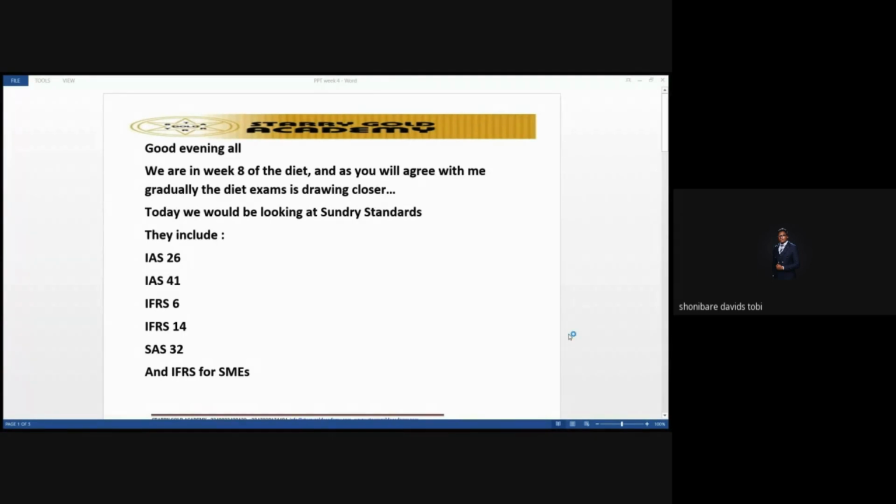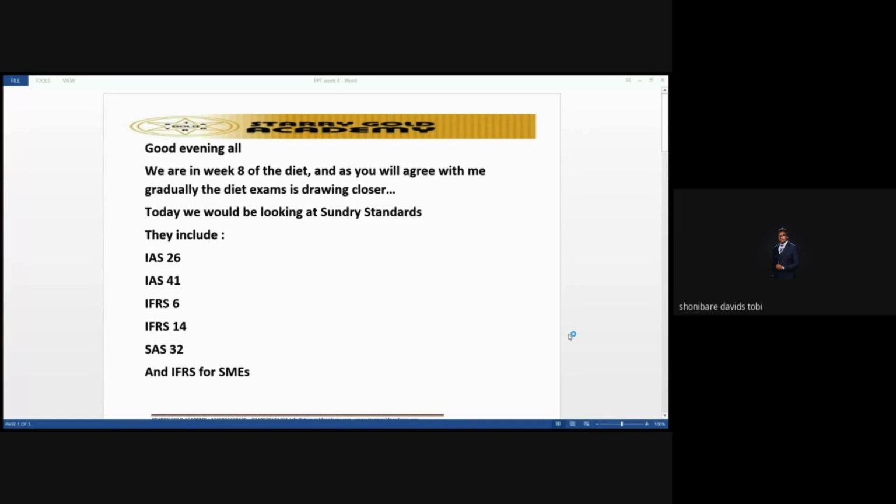If you don't understand the definition of bearer plant and some other things that we'll be talking about, and you see IAS 41 inside the exam, skip, don't go near it. But if you understand, this will help you to solve the questions, right? IAS 41 is one of those questions that you can easily pick up and solve in the exam, and you have scored your mark and you have left.